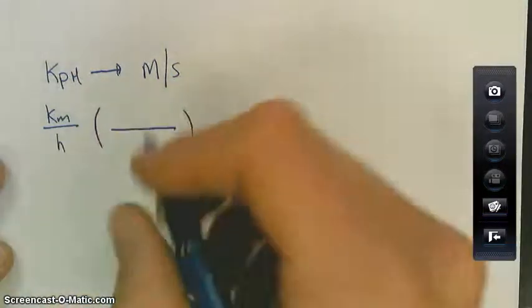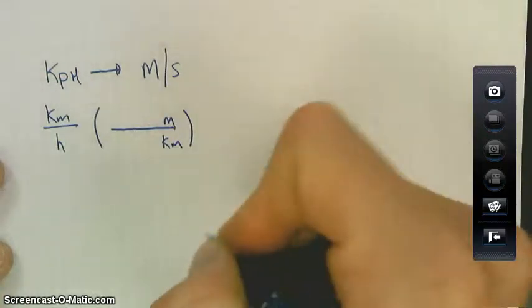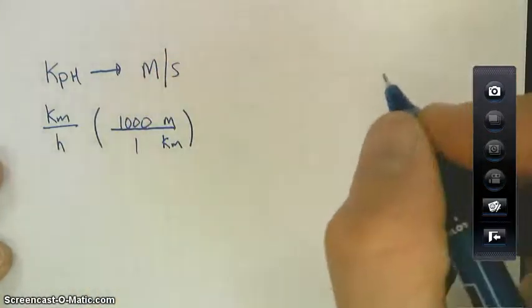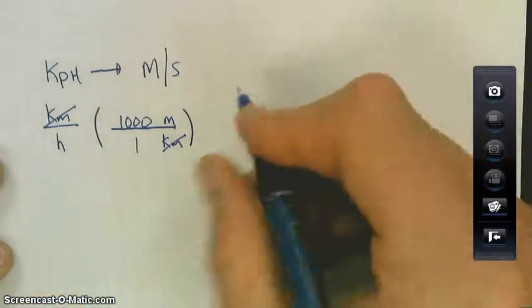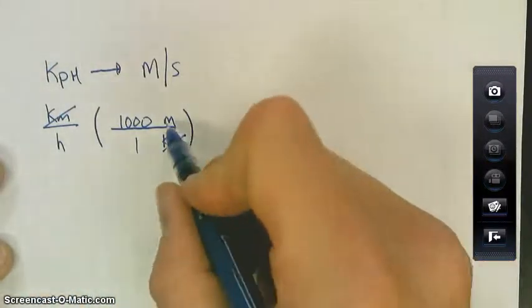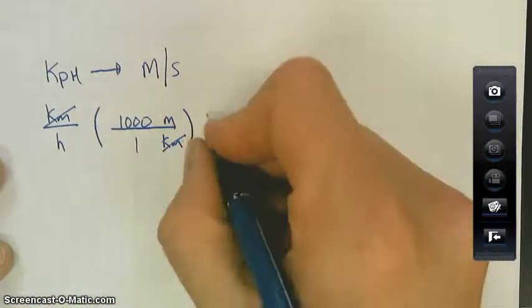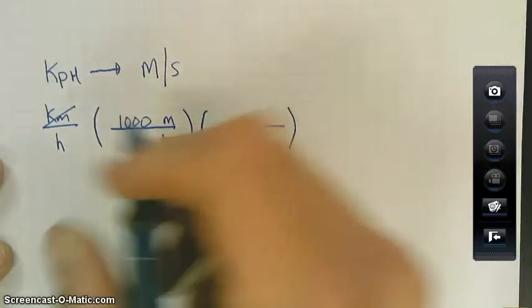For example, kilometers I want to get rid of, and I want to go to meters, and I know that there's 1,000 meters in a kilometer. That means these two will cancel, and now right as it sits, I have meters per hour. Not meters per second yet, and I need to get to that. So I need to figure out a way to cancel out hours.